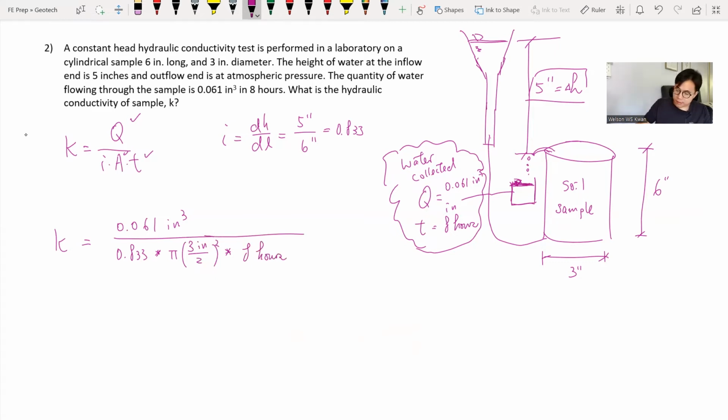So we do our math here, and we can solve for our hydraulic conductivity, which will be equal to 0.001 inch per hour.